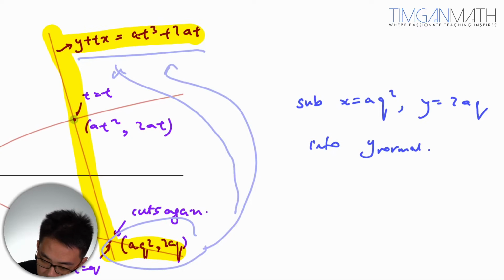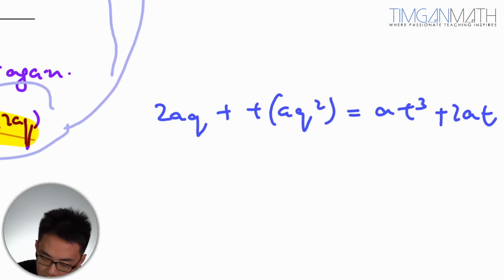So that will be y, which is 2aq, plus t·aq² equals at³ + 2at. Great. Once this is done, we can just cancel off the a, it's easier.